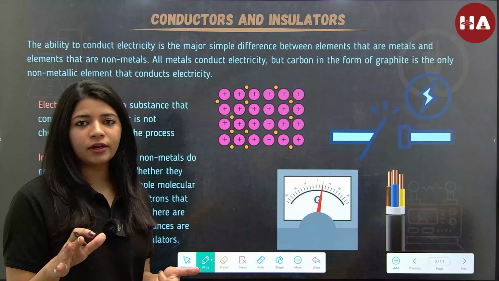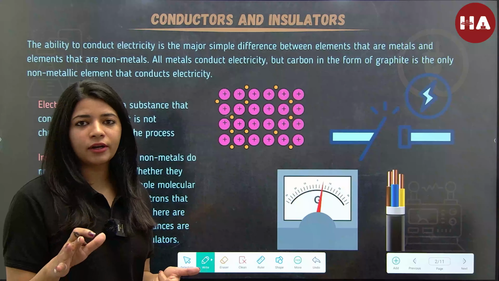A conductor is any substance that can conduct electricity, or that has free electrons due to which electricity can be conducted. A very important thing is that while it is conducting electricity, it does not get changed. Chemically it remains the same. For example, we have a copper wire. While the copper wire is conducting electricity, it doesn't change its composition.